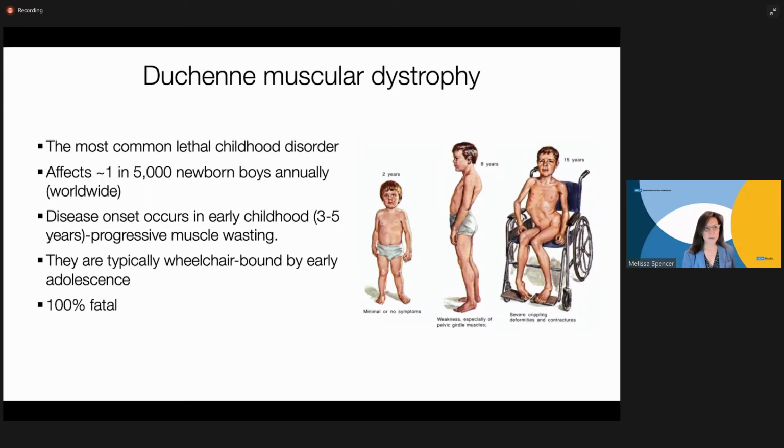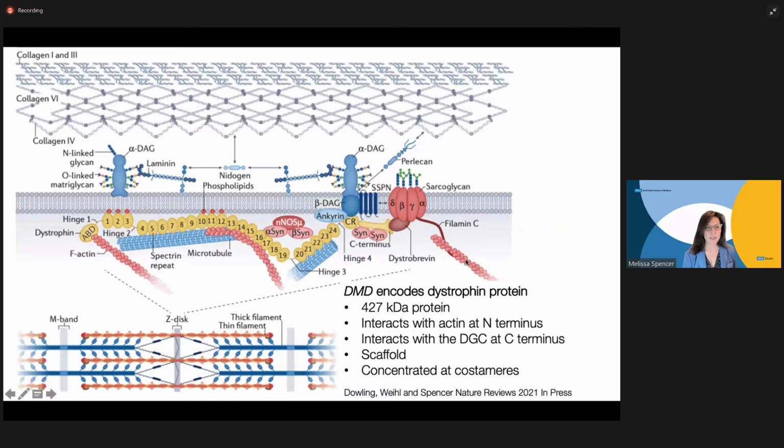This is the most common lethal childhood disorder, and it's due to mutations in the DMD gene, which encodes this large yellow gold protein here, shown at the subsarcolemmal membrane, so on the inside of the cell, but attached to the membrane through interactions with phospholipid.